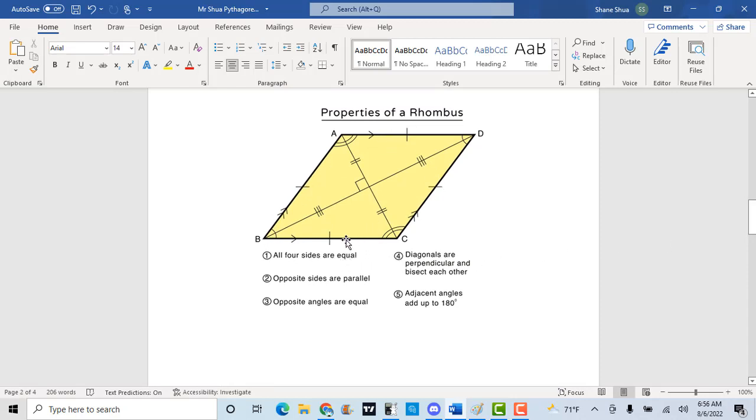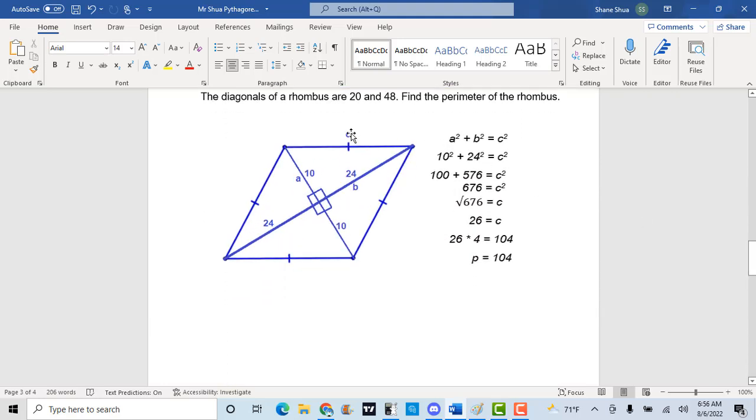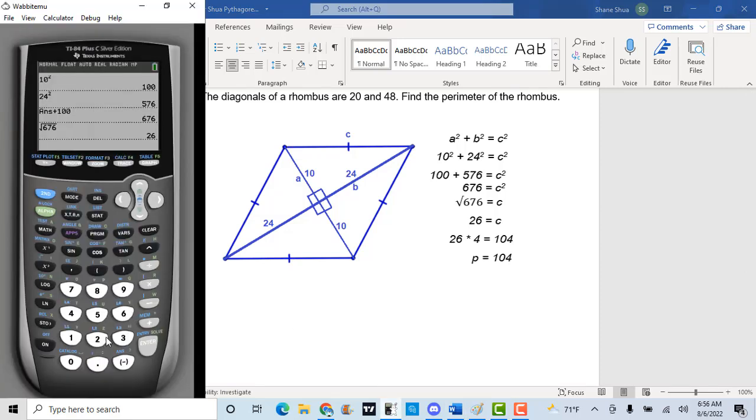So that means that if this is 26, this side's 26, this side's 26, this side is 26. So 26 times 4 is 104. So the perimeter of our rhombus is 104.